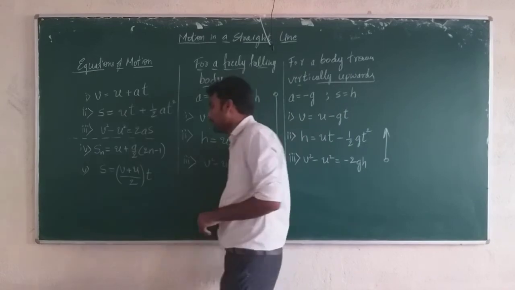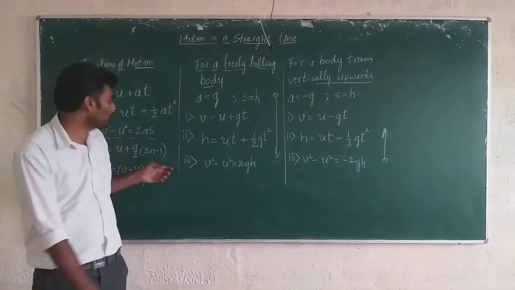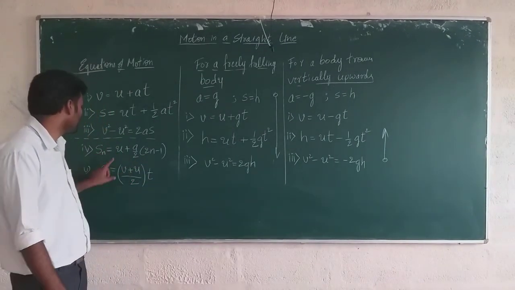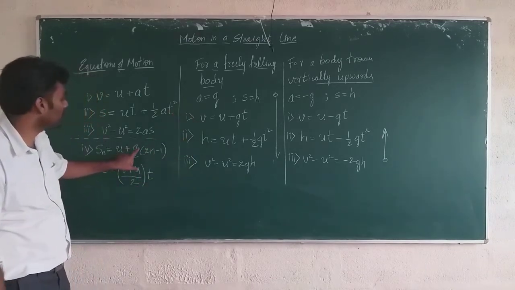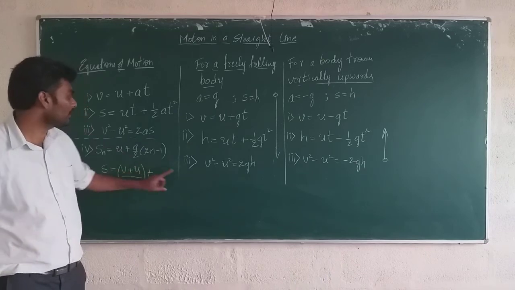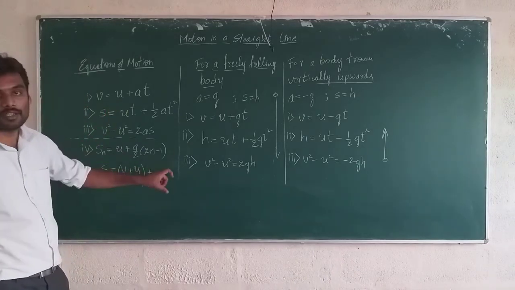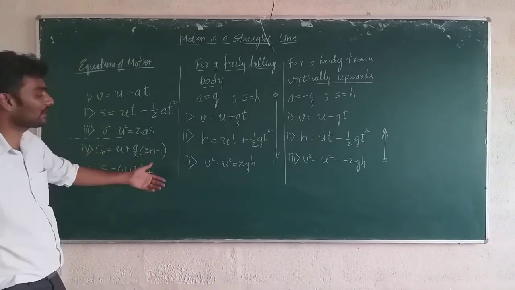And similarly you can write these two expressions even for these two situations. Just replace a by plus g and write it here. You get the height fallen by the body in nth second.